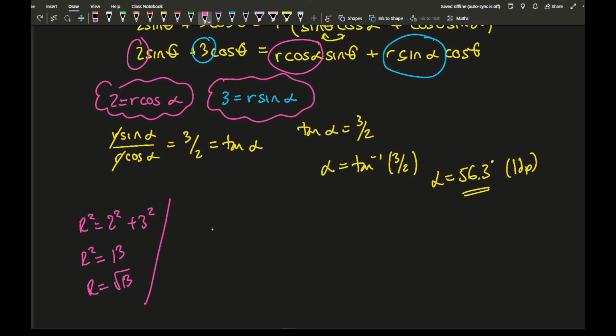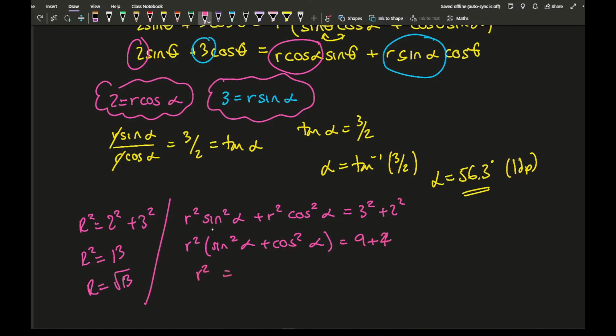So r squared sine squared alpha plus r squared cos squared alpha equals 3 squared plus 2 squared. Then r squared times sine squared alpha plus cos squared alpha equals 9 plus 4, so r squared equals 13. So r equals the square root of 13.